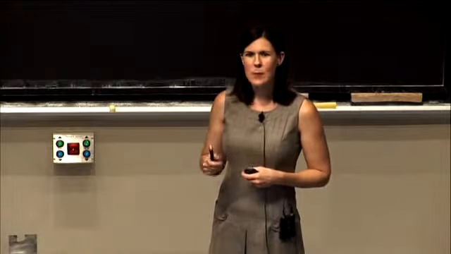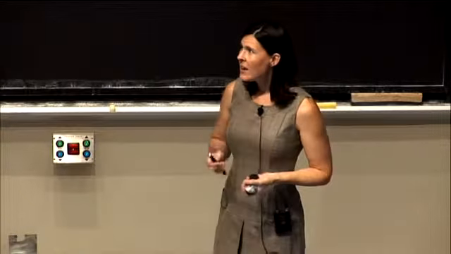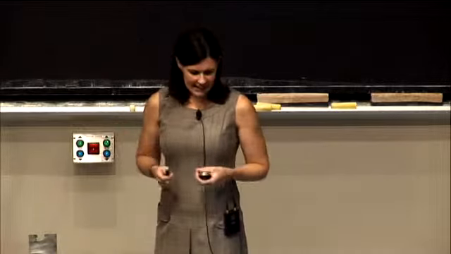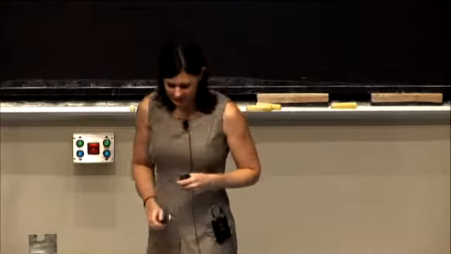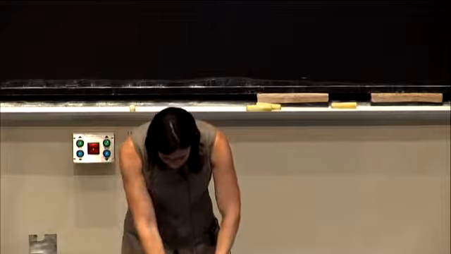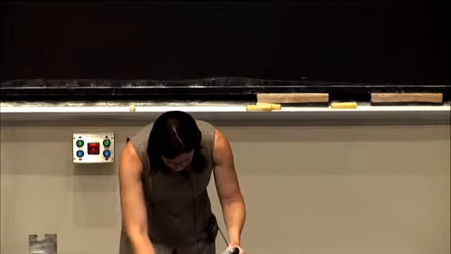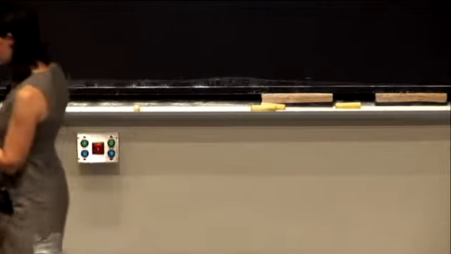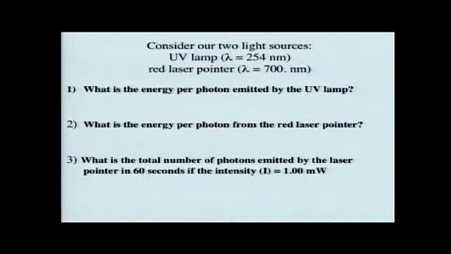So let's also try calculating the number of photons that would be emitted by this laser pointer if, for example, we were to use it for 60 seconds and this were a 1 milliwatt laser. So let's do some of these calculations, starting first with what is the energy per photon, and let's start with the UV lamp.